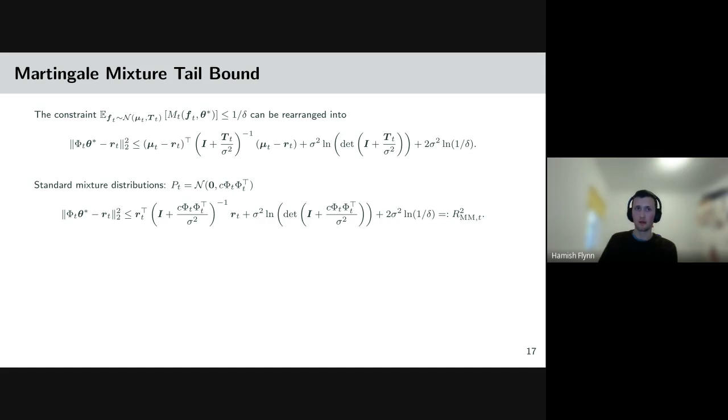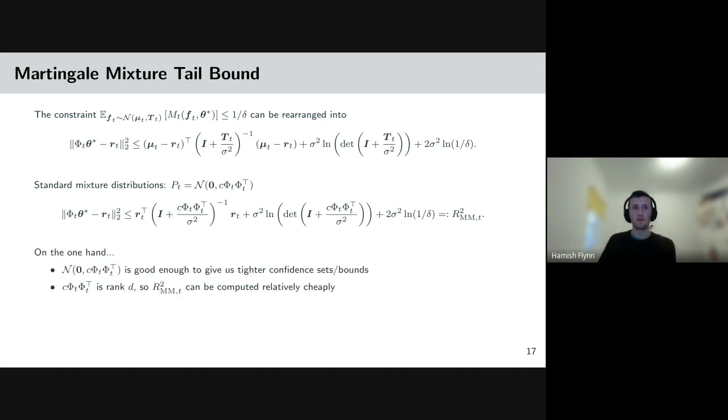And we use RMMT squared to denote the right-hand side, which I'll call the squared radius. So on the one hand, these standard mixture distributions are good enough to give us tighter confidence sets and confidence bounds in the end. And also they allow for relatively cheap computation of the squared radius.